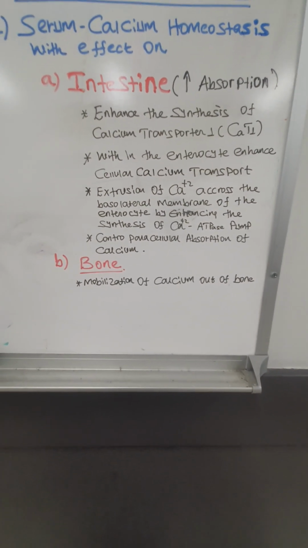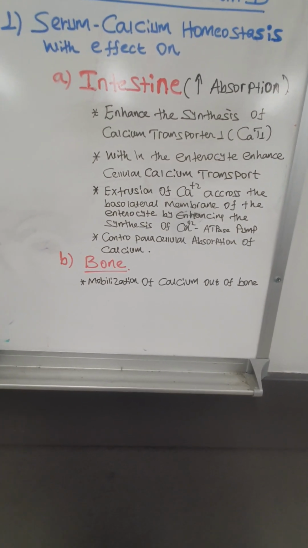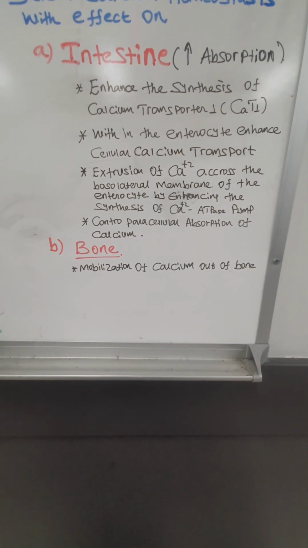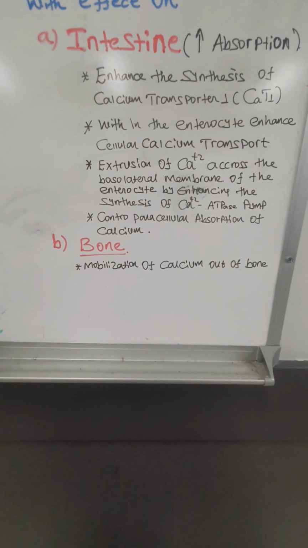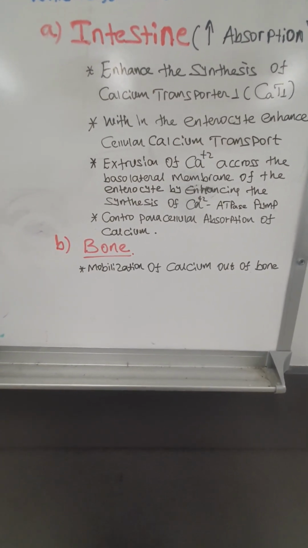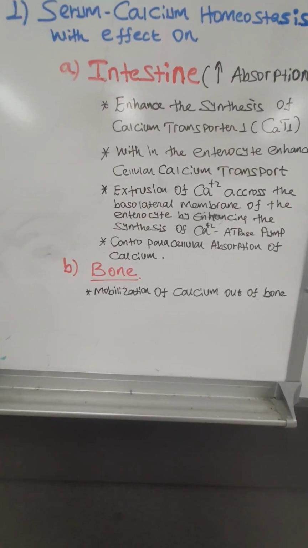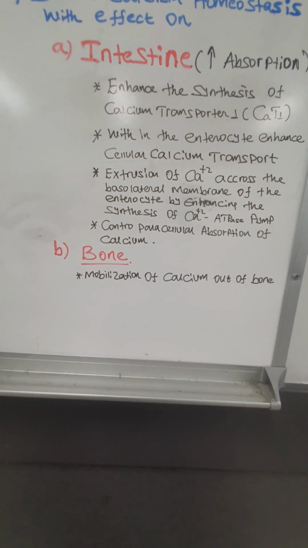The second one is within the enterocytes. It enhances cellular calcium transport from the cytosol to getting out of the basolateral membrane. Here there is a special transporter within the enterocytes, and that special transporter requires calcitriol for its action. The next one will be the extrusion of calcium across the basolateral membrane.